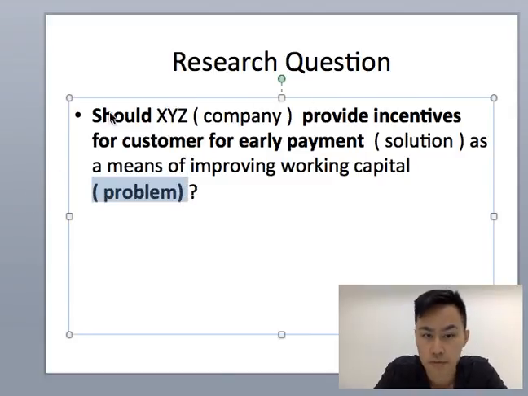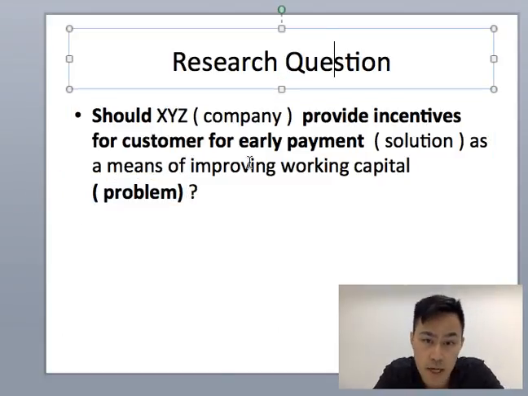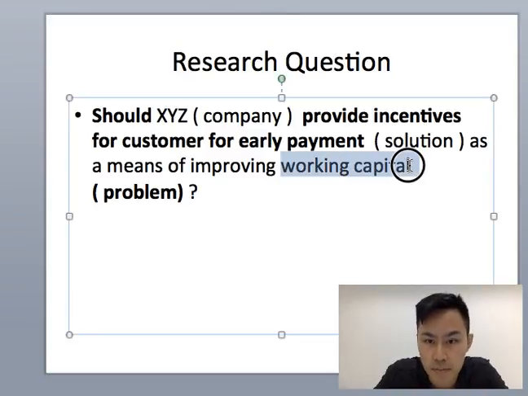For this part, it's very clear that the company is having a working capital problem. This is how you structure your research question. Of course, you need to make sure the problem is in business terms. You don't say "lack of money"; you say "working capital". This is how you start with your question.